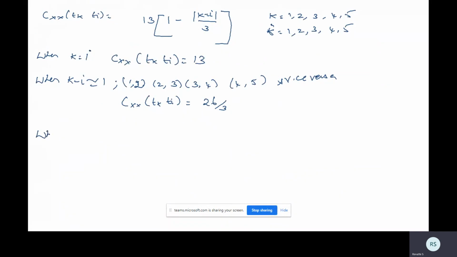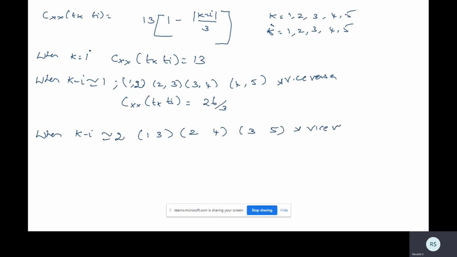Next, when K minus I difference is 2, what are the cases? You can see K is 1, I is 3, K is 2, I is 4, K is 3, I is 5, and vice versa.